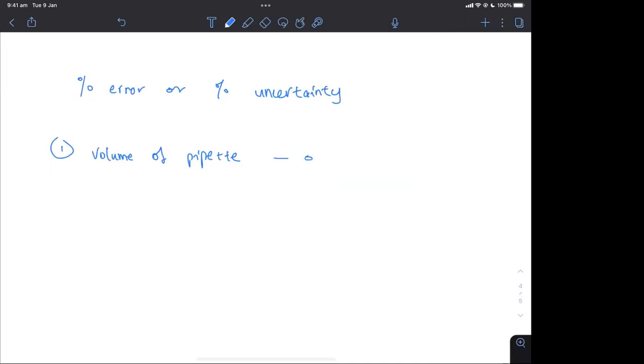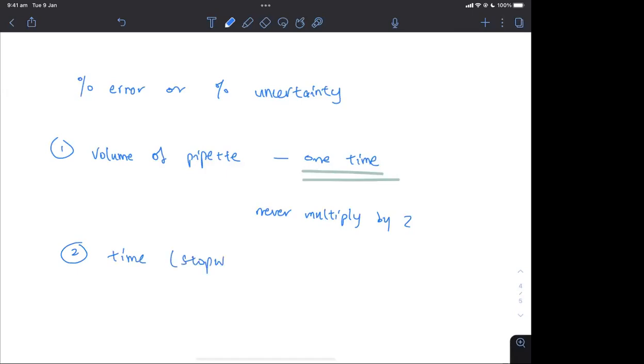You do it one time, because when you reach the mark there, you don't take away 0.0. No, you don't. You just do it one time for your volume of pipette. So you never multiply by 2, just like time, because you only take them one time.